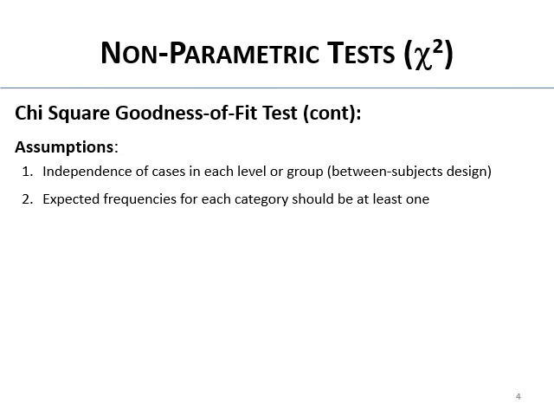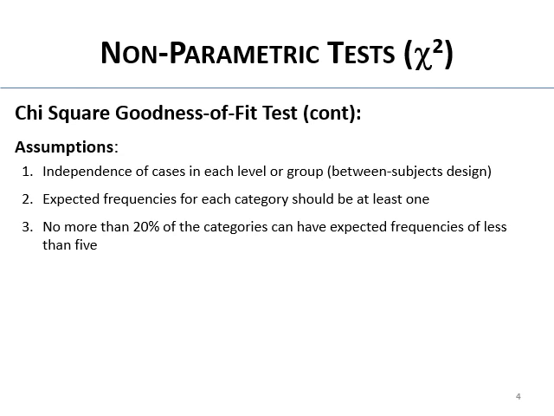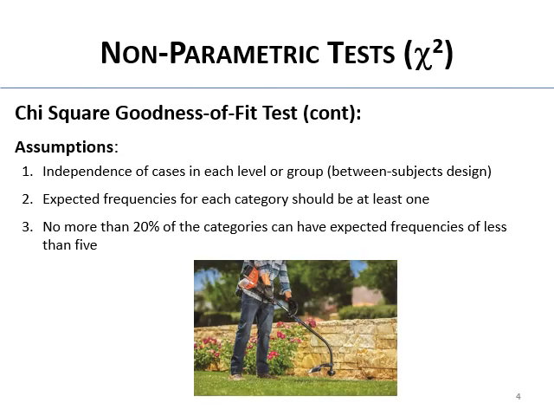So you can't have categories where you don't expect at least 1 count in there. And then no more than 20% of the categories can have an expected frequency less than 5. So every category has to have at least 1, and you can't have more than 20% of categories with expected frequencies less than 5. Whoa, those are weird. Hence, weed whacker test.